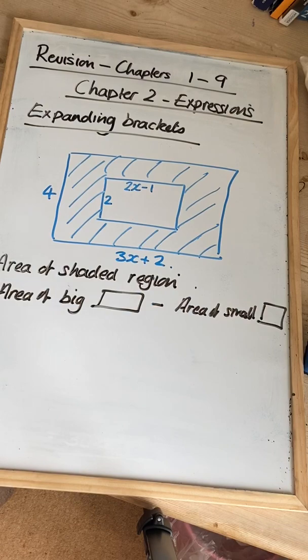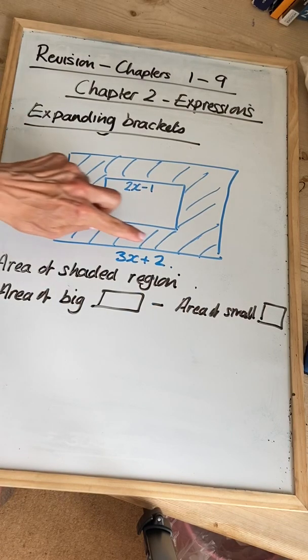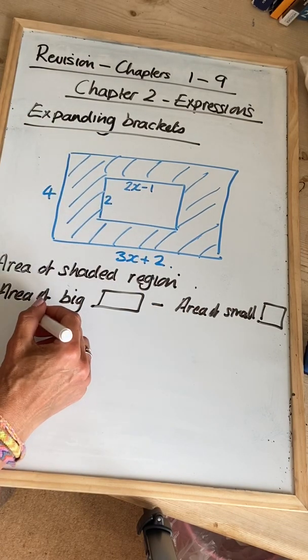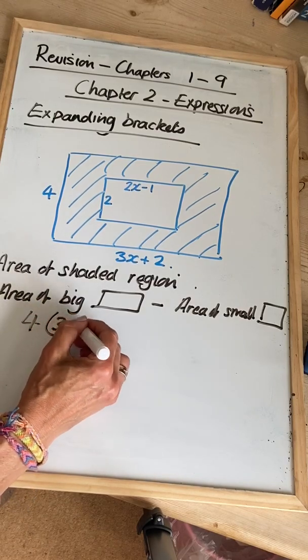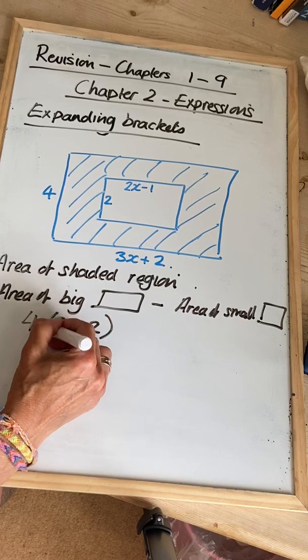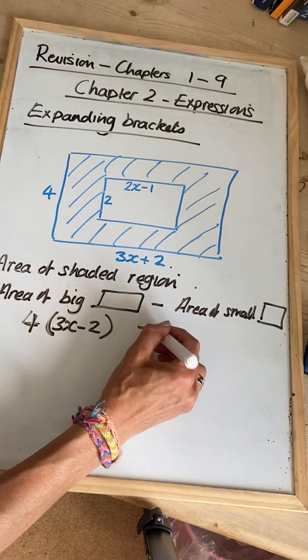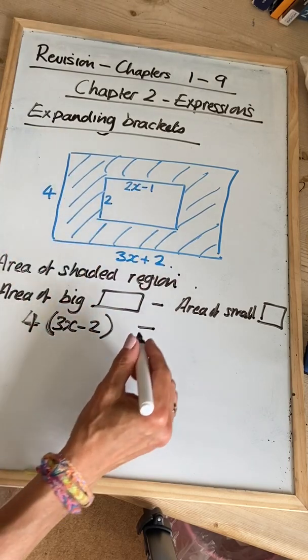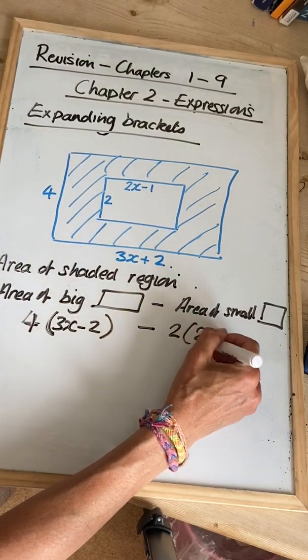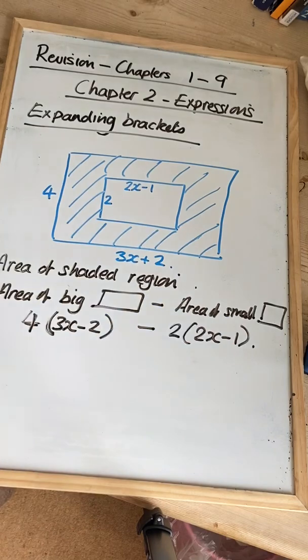So the area of the big rectangle, it's always going to be your width times your length. So your area of your big rectangle is 4, and then we're going to use our brackets notation times 3x plus 2. And we're going to subtract from that the area of the small rectangle on the inside, which is 2 times 2x minus 1.